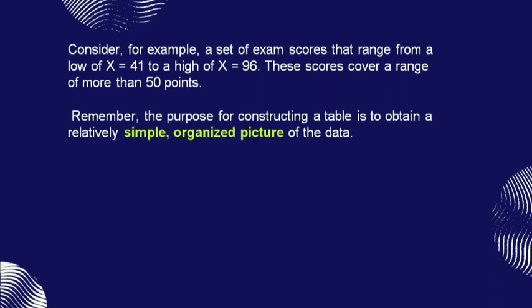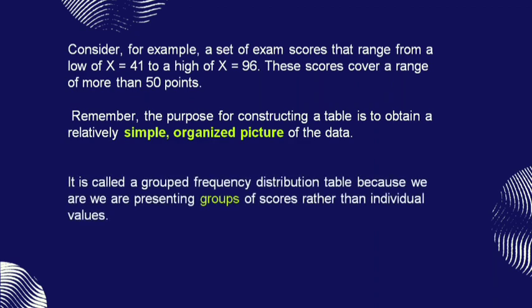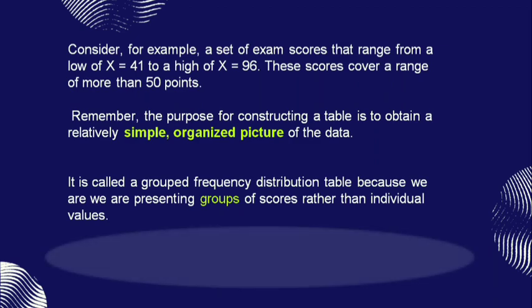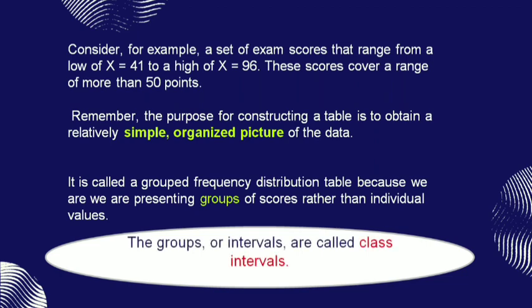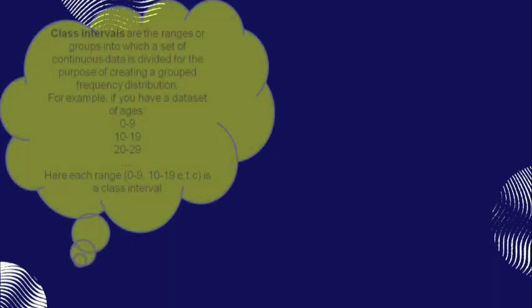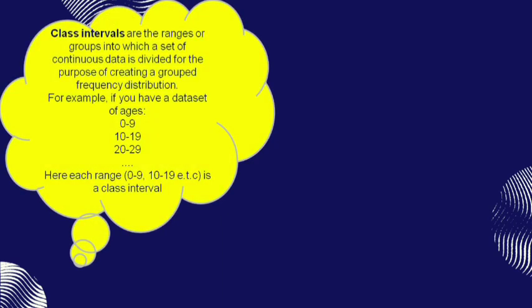The result is called a grouped frequency distribution table because we are presenting groups of scores rather than individual values. The groups or intervals are called class intervals. Class intervals are the ranges or groups into which a set of continuous data is divided for the purpose of creating a grouped frequency distribution.